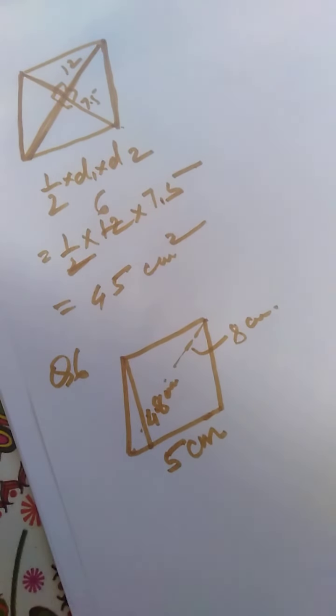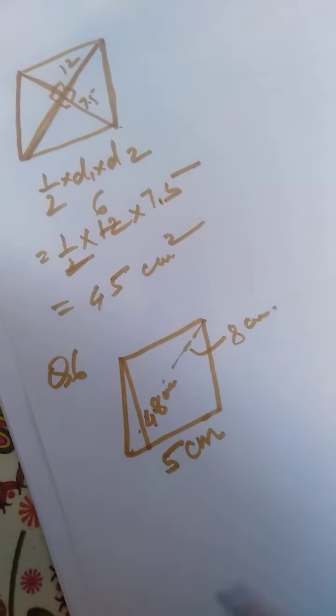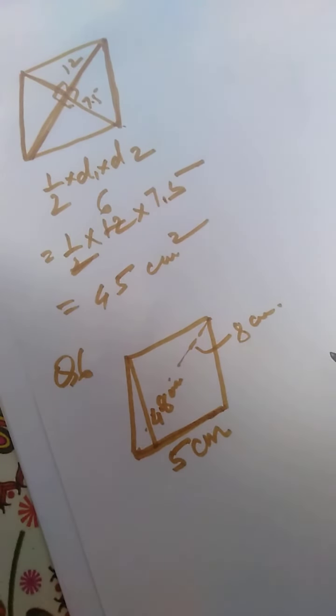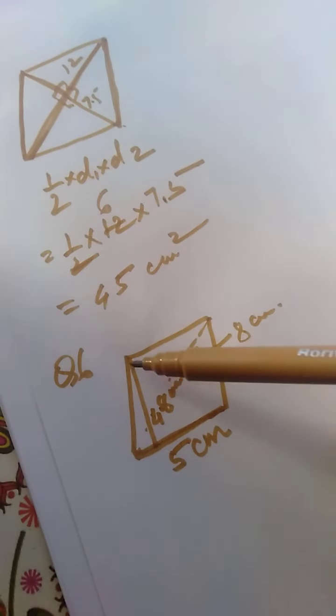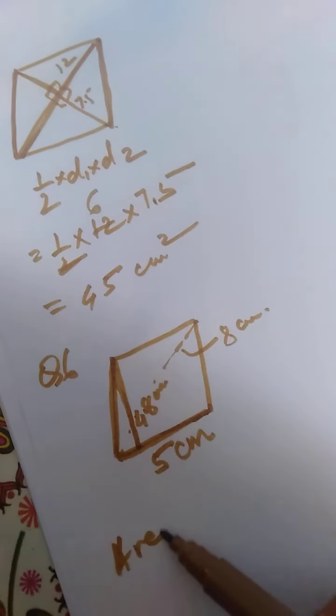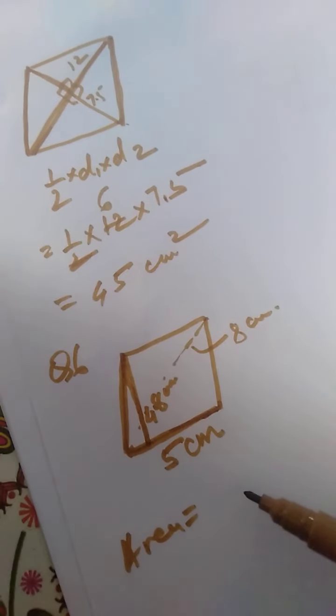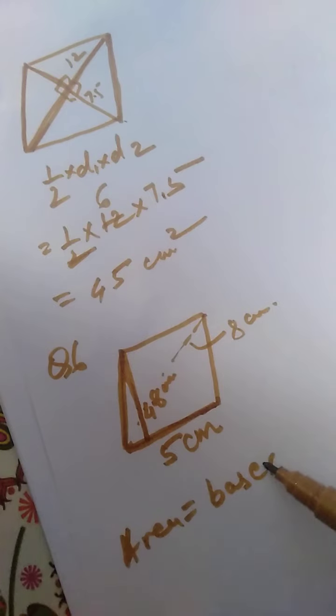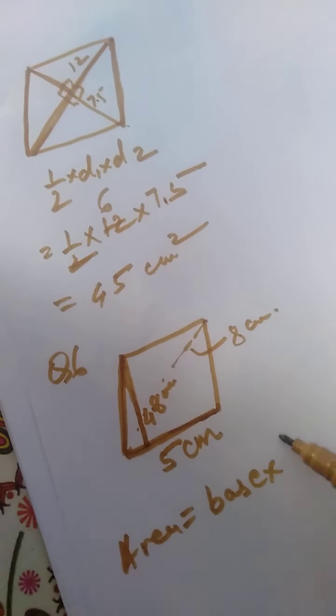Next question is to find the area of a rhombus whose one side is given as 5 centimeter, and the altitude is given. Now we know that this rhombus is a kind of parallelogram. So the area of a rhombus when base and altitude are given is base into altitude, that is base into height.